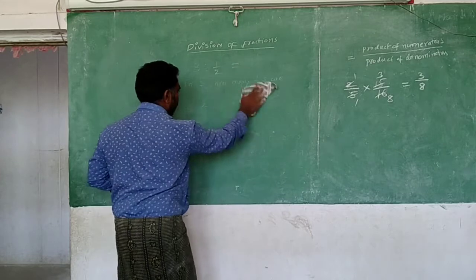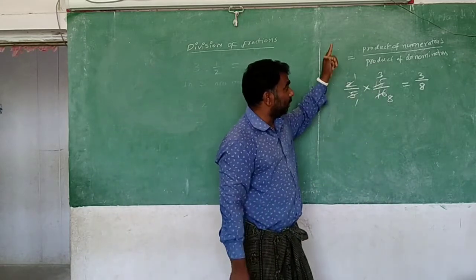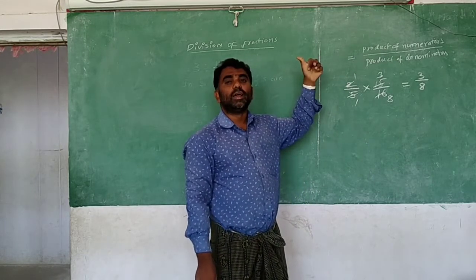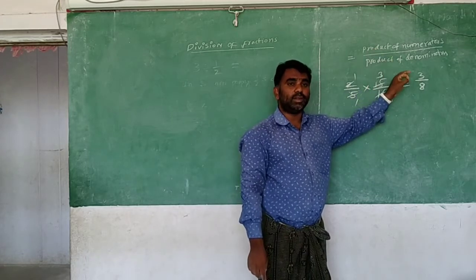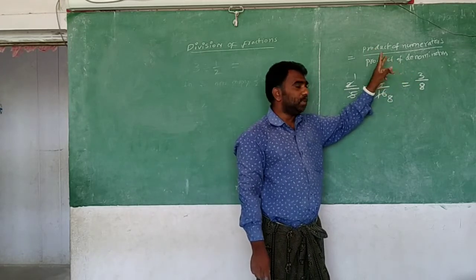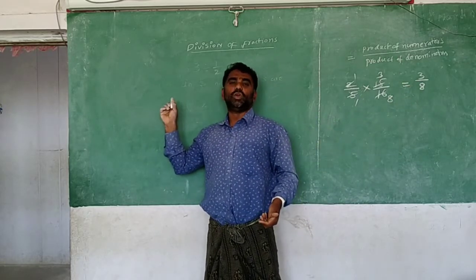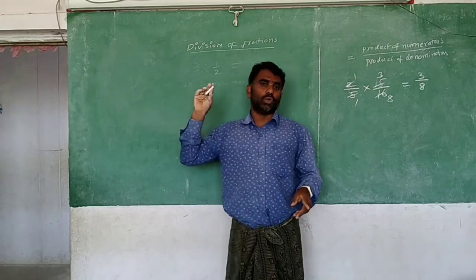So finally in this class, in 7th class, you are learning two main important methods: multiplication of fractions and division of fractions. So once again remember, this multiplication of fractions is most important, because this method only we will use in division also.